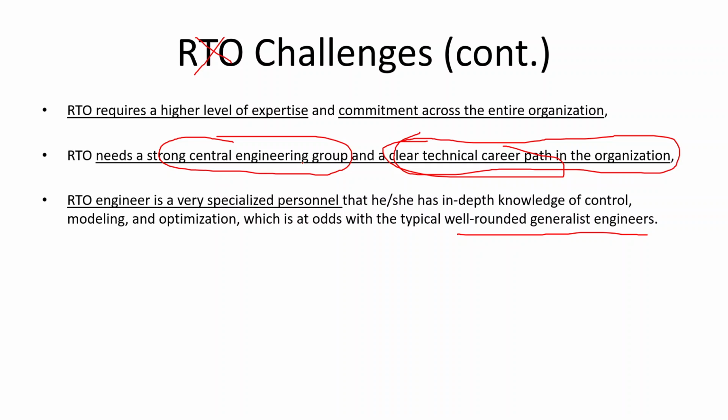If they have a clear technical path, the people who can build it and maintain it will stay within that organization, because they know they have a clear career path to go to, right?